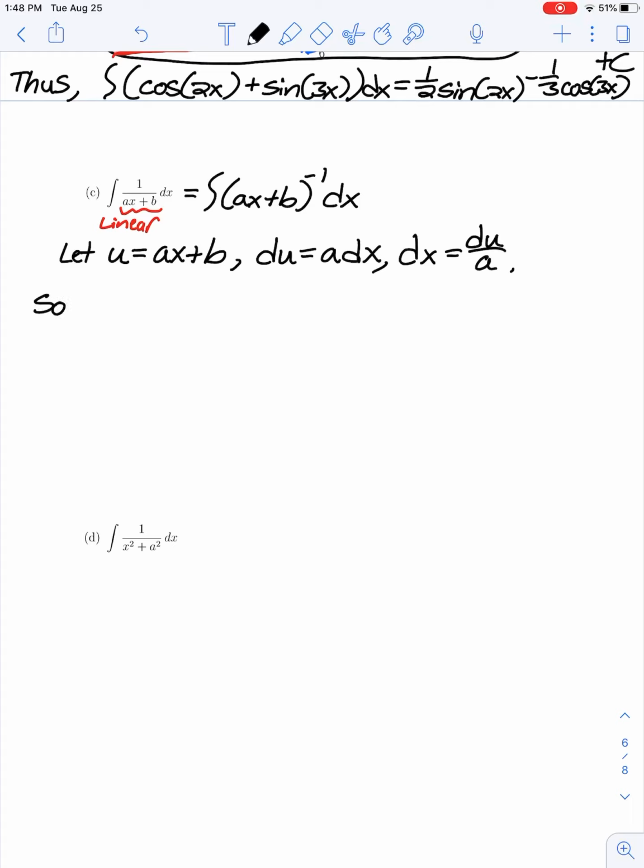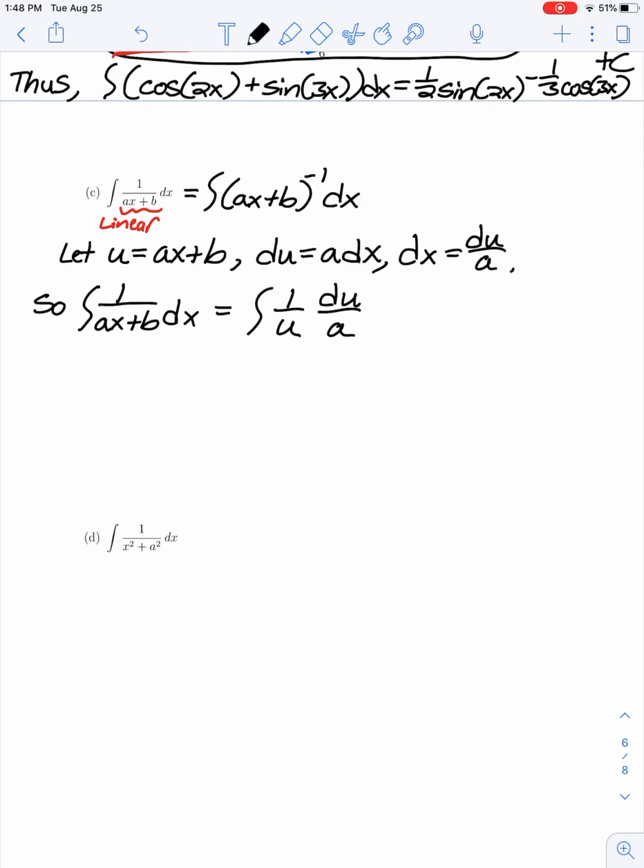So looking at our integral of 1 over ax plus b dx, we can rewrite this as 1 over u, and the differential of x term, we said is du over a.